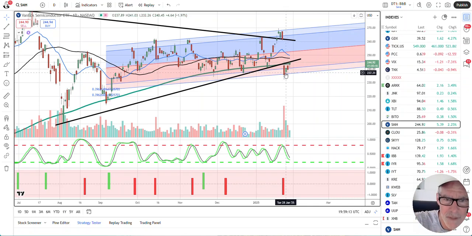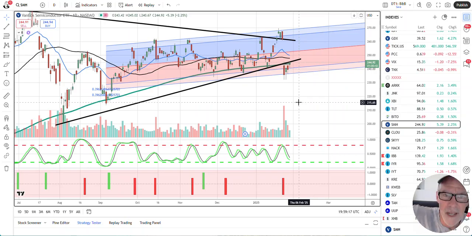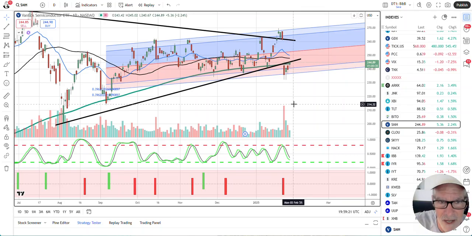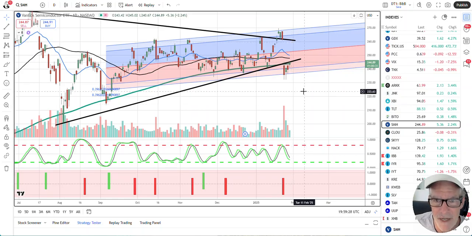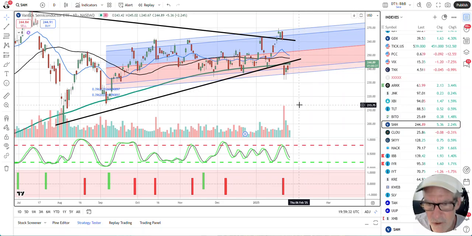It rallied back up the next day, a little bit squirrely yesterday, but didn't take out the lows. And today we're well above the lows, and we're taking out recent highs. And if we can close about here by the end of the day, it's got a very good chance of getting back on track, back up to about 260. We're long some calls in the live trading room, and we have SOXL, the leveraged fund, in the live room.